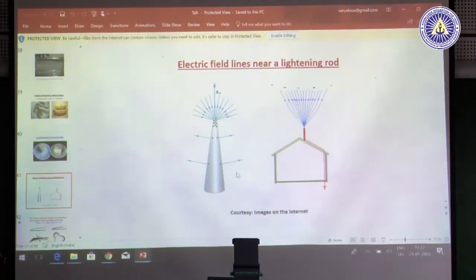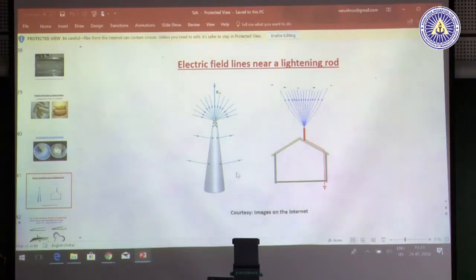If you look at the electric field lines near the lightning conductors, they are very sharp. So, what happens is when the lightning strikes, it strikes right at that corner, because that is where the electric field is. Now, as I said earlier, electric field is same as thermal current, is same as particle current, right.